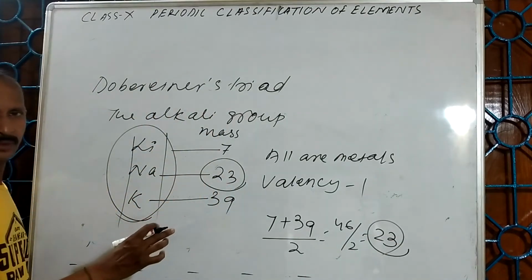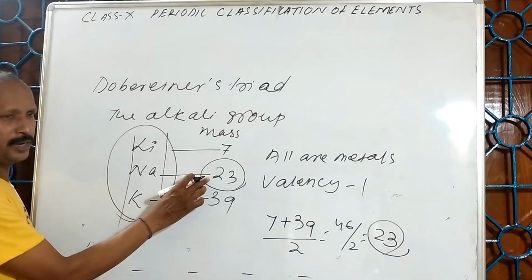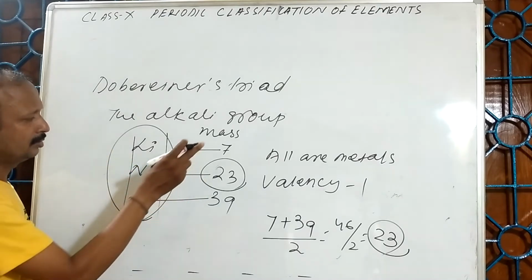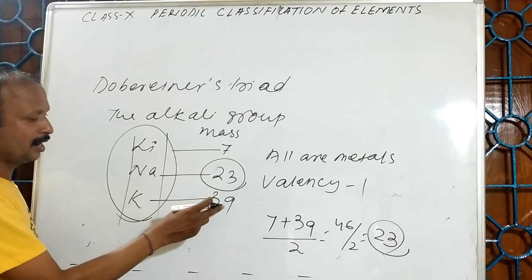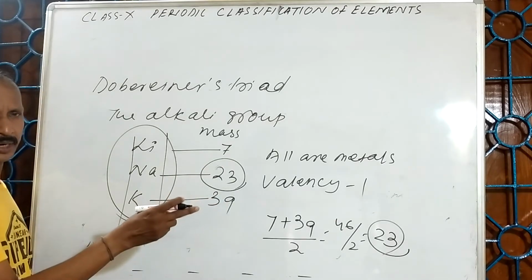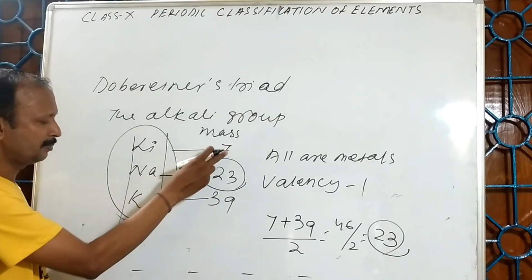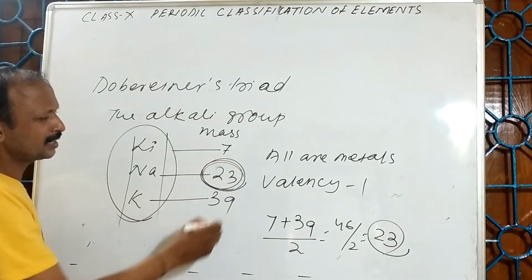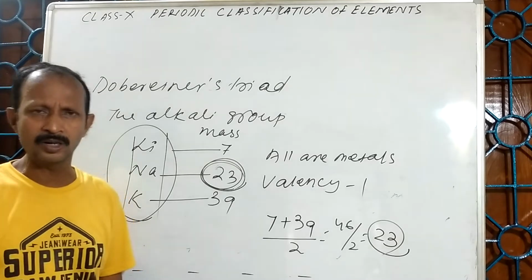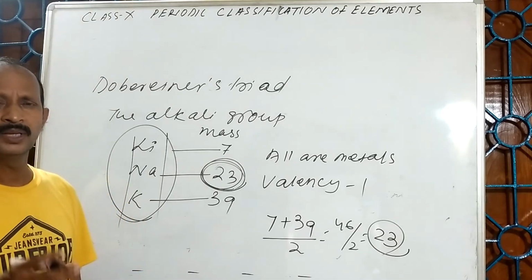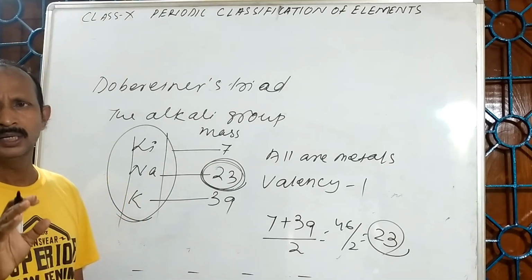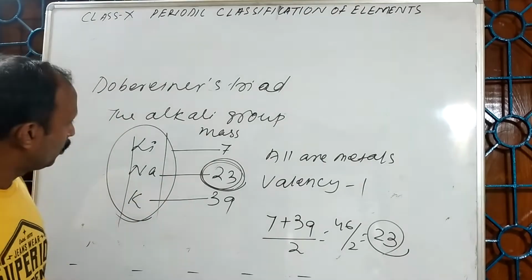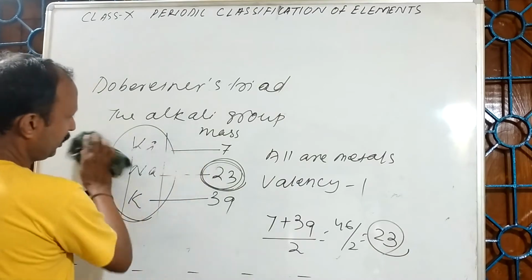That means the mass of sodium is the arithmetic mean of lithium and potassium. So in this case it is exactly 23. Some cases may not be exact, but it will be roughly equal. There is no doubt at all. So this is one of the groups proposed by Dobereiner.